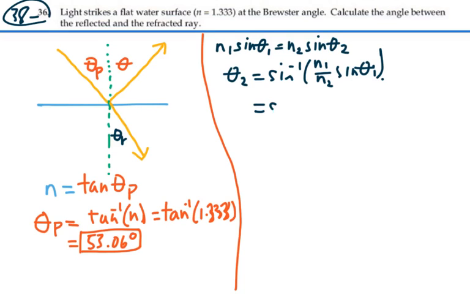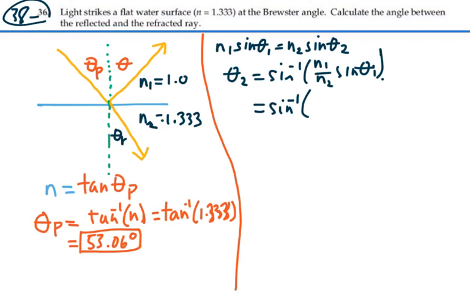So this is going to be the inverse sine of, now n1 is our first substance, which is air, that's 1.0, and n2 is the water, 1.333.